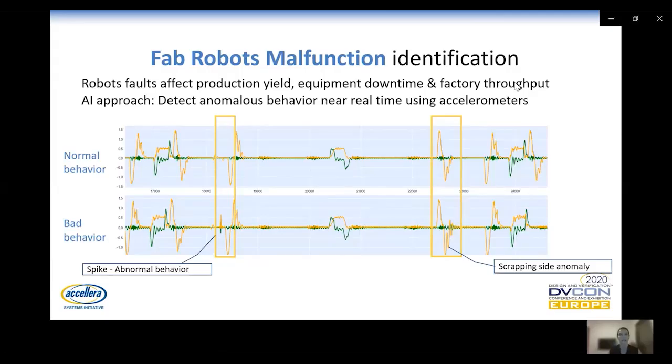So the machine learning algorithm needs to understand exactly what is the norm, with different cases, and be able to detect the anomalous behavior with minimal noise and false negative mistakes.